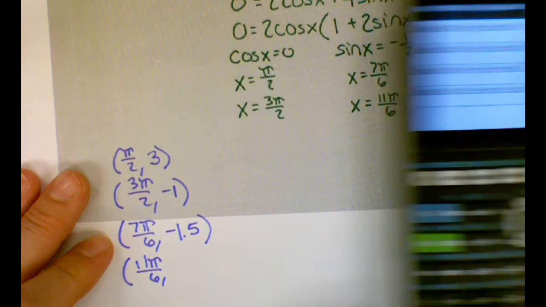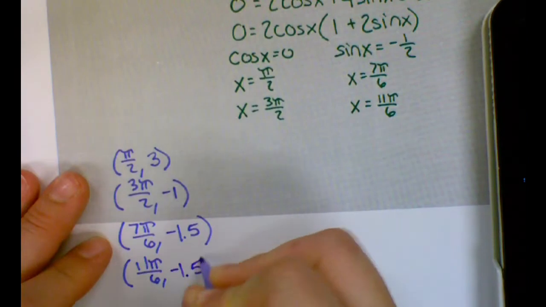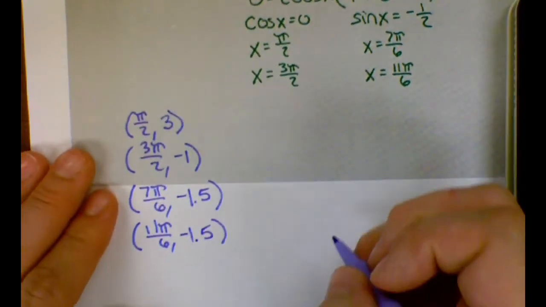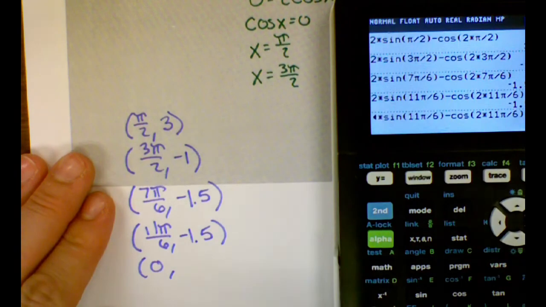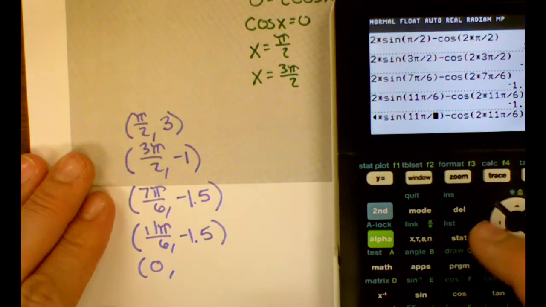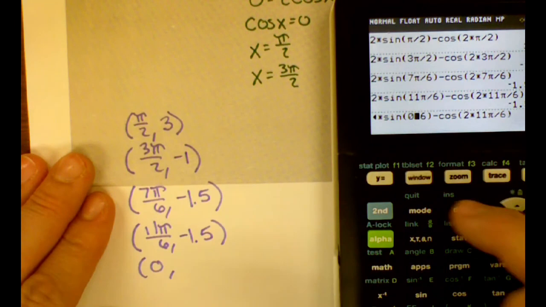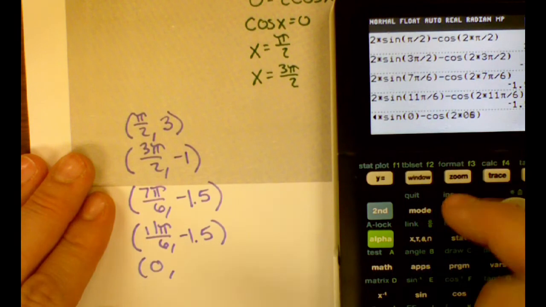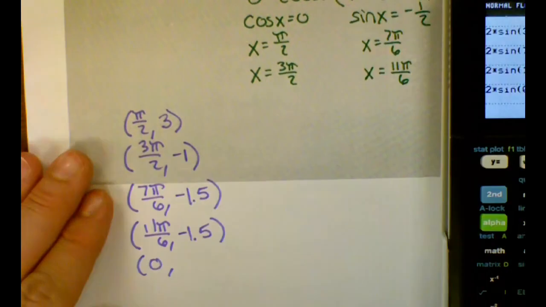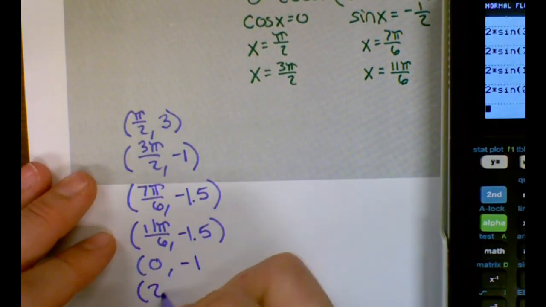I have negative 1.5 again. And never forget your endpoints, 0 and 2 pi. 0. Negative 1, almost done, 2 pi.